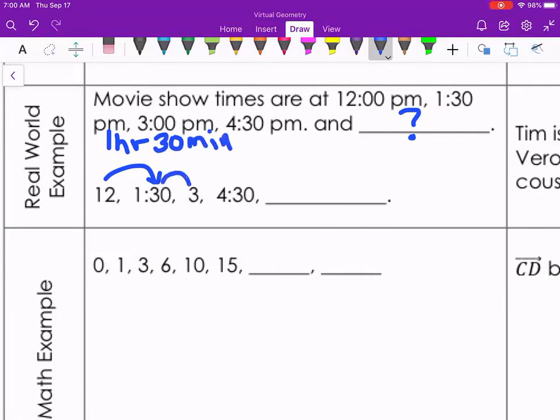Same thing for 1:30 to 3 and 3 to 4:30. Every hour and 30 minutes, there is another movie time. So if I'm at 4:30, add 1 hour, 5:30, and then add 30 minutes, 6 o'clock. And there is my next movie time.